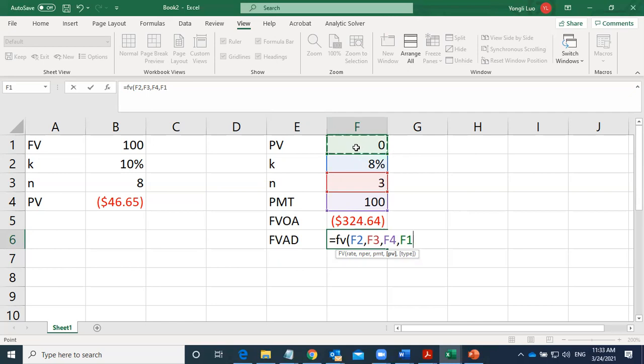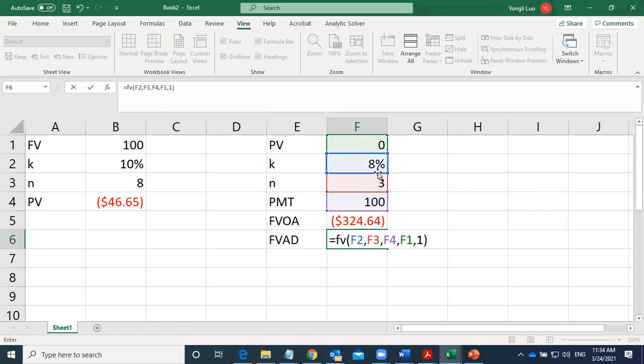Now we have to use the type. If you put a comma, Excel asks whether it's the end of the period or the beginning. So you choose the beginning of the period, and that will give you annuity due. You just choose a type of 1 instead of 0. Why don't you choose 0 most of the time?